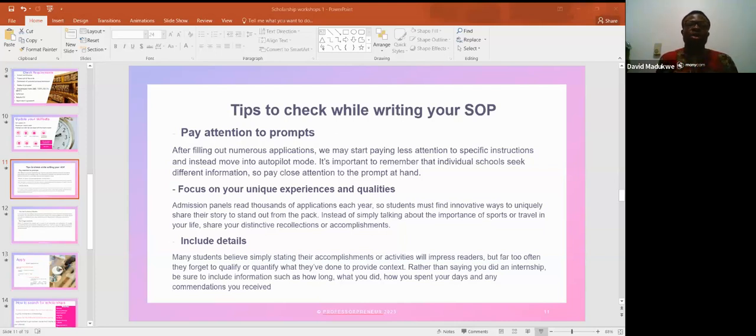For instance, you can be working on a PCR machine and tell them, from this and this, I've learned this particular probing and all that. I'll be able to do this and that. That will tell them this person has experience in this area, and this professor is working in this area, so we can connect this person to him, since they have the same abilities or qualities. So your ability to include details in your applications makes you stand out.